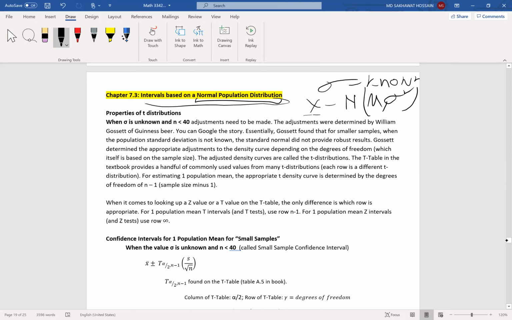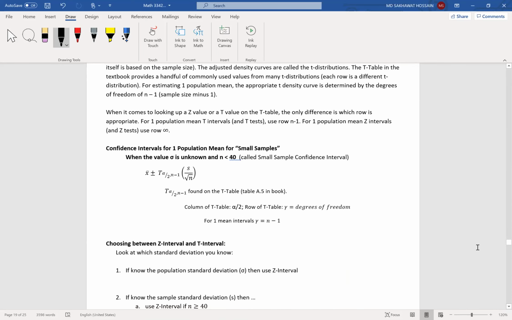But what will happen if sigma is unknown and the sample size is small? In that case, we cannot use the normal distribution assumption. We have to use some other distribution, which is called student's t distribution or t distribution.